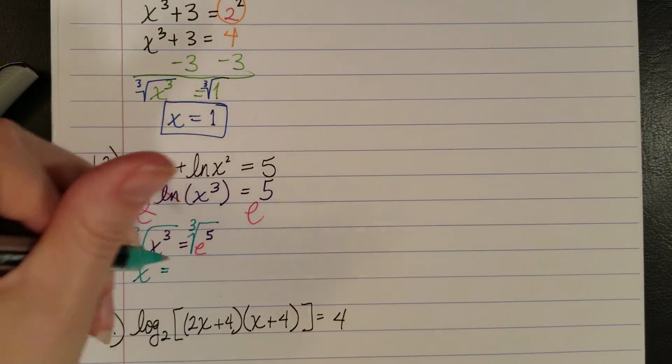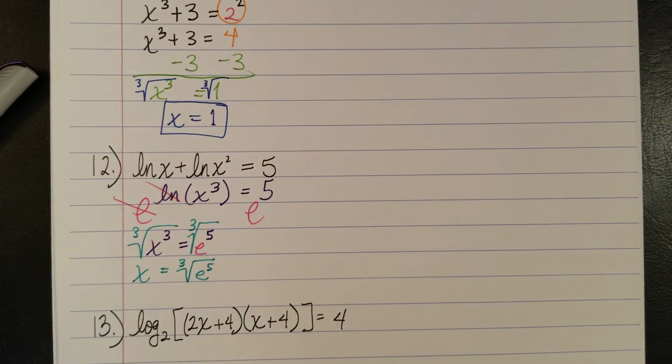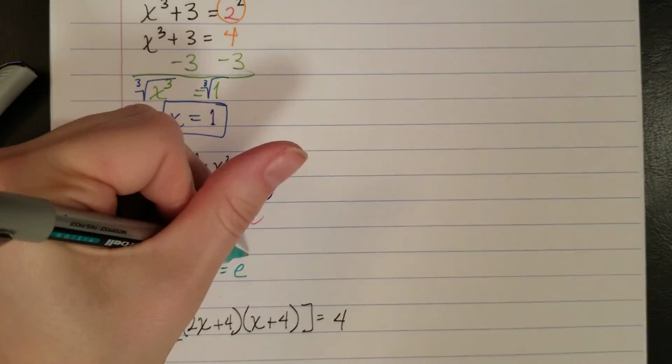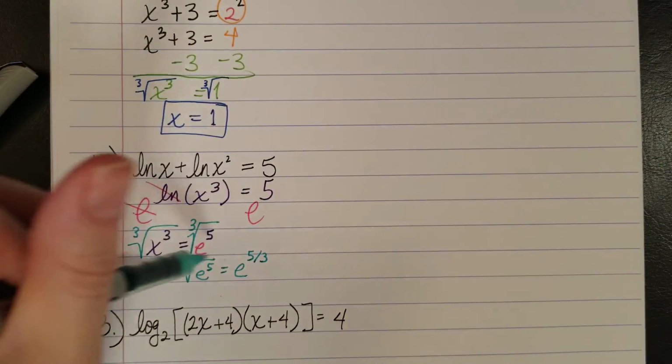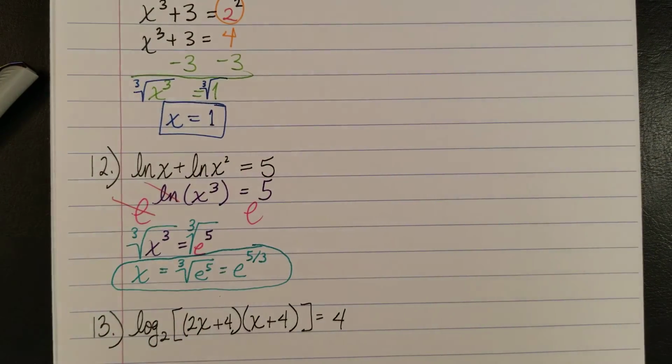So x equals the cube root of e to the 5th power, which is also the same thing as e to the power of 5/3. So whichever way is preferred, either way is fine to me.